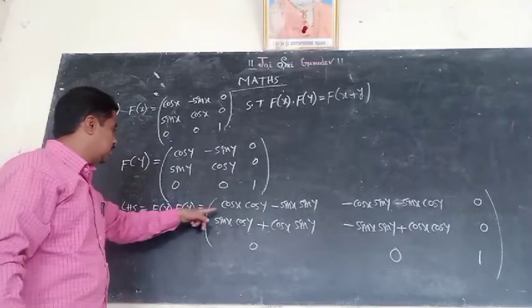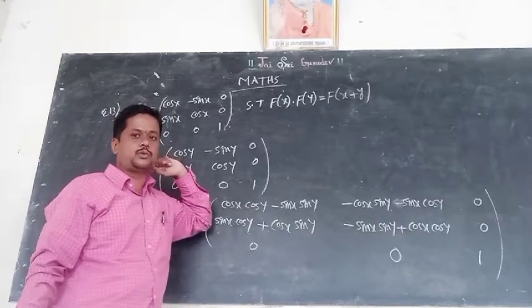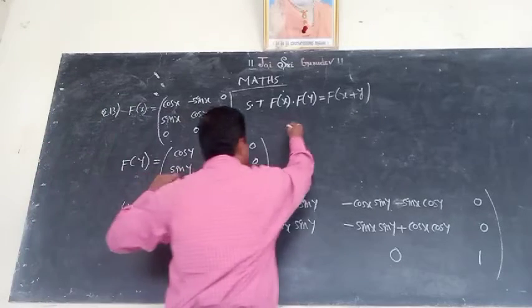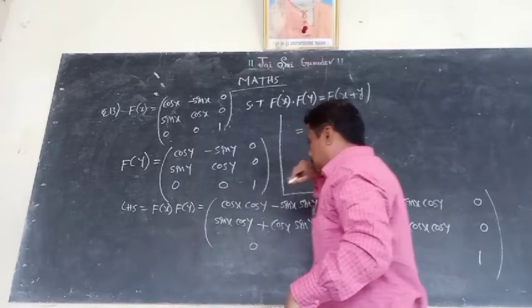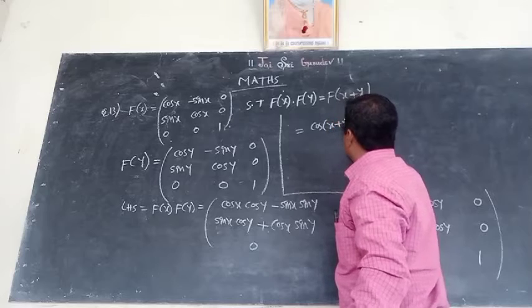So cos x cos y minus sin x sin y. What is the answer? Our formula is there: cos(x+y). This is the formula.